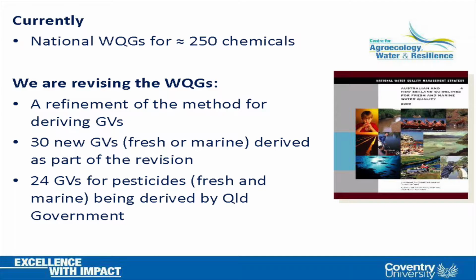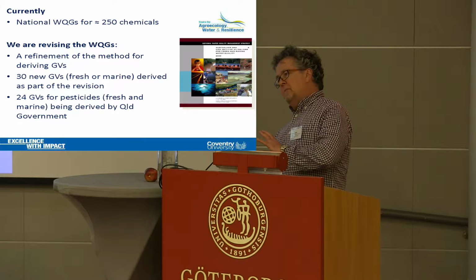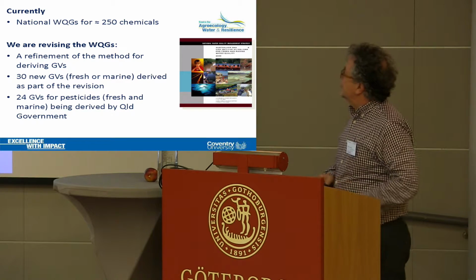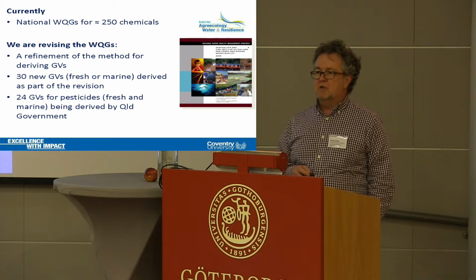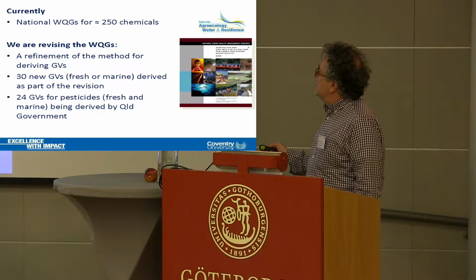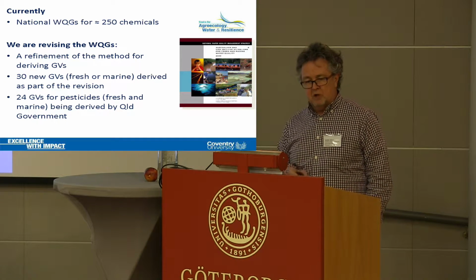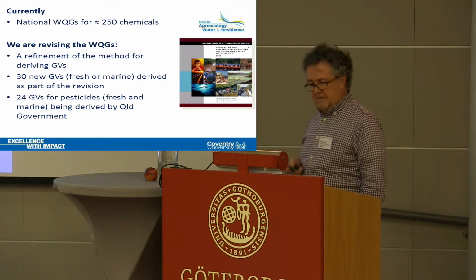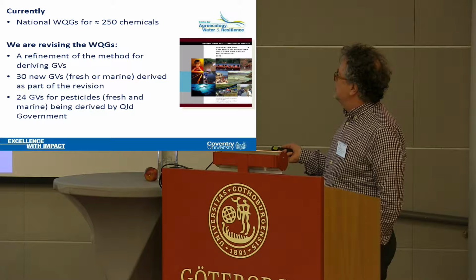We are currently revising our water quality guidelines, and what I'd now like to do is talk a bit more about the revision, and how we're implementing that in terms of protecting the reef. So currently we have water quality guidelines for about 250 chemicals. We are revising the whole guidelines. We've refined our method. If anyone wants a copy of the new methodology for deriving our guideline values, just let me know and I can provide that to you.